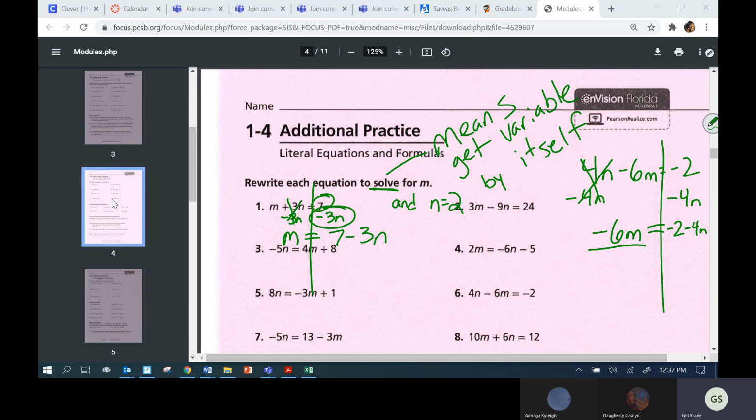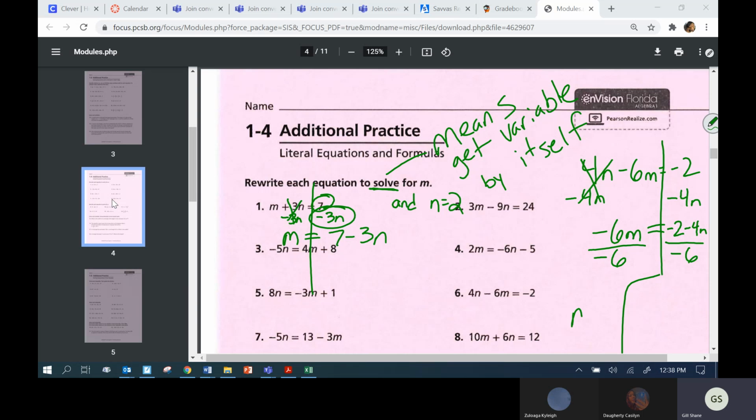Now, my last step, I divide by -6. Make sure you include the negative. Oh no, I'm doing a different problem. And then over here, I divide by -6 as well. So I get, I'm gonna give myself a little more room here because you're going to need to see this.